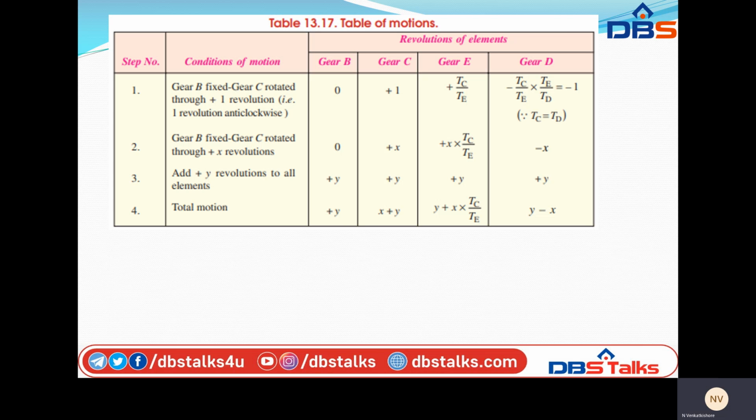So whenever the vehicle is moving in a straight path, that means no turning, whatever the speed of rotation of the rear wheel is directly connected to the engine speed, and these two have the same speed.